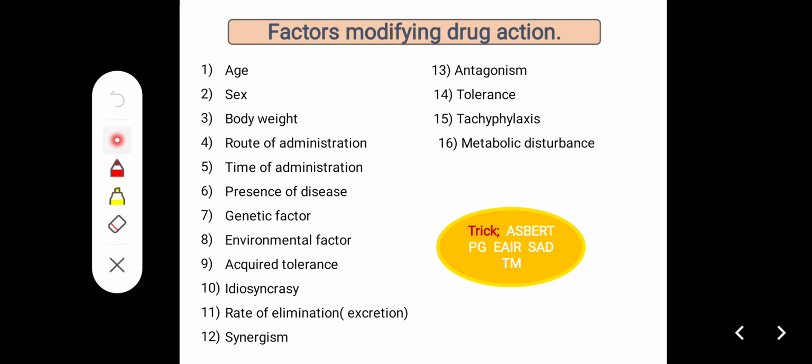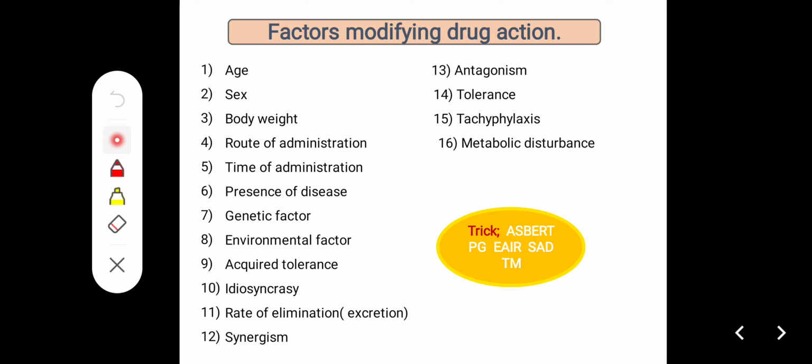Synergism means simultaneous administration of two or more drugs in which one drug increases the actions of another drug; that is called the synergistic effect. Antagonism means that when two drugs are administered simultaneously, one drug opposes the actions of the other.